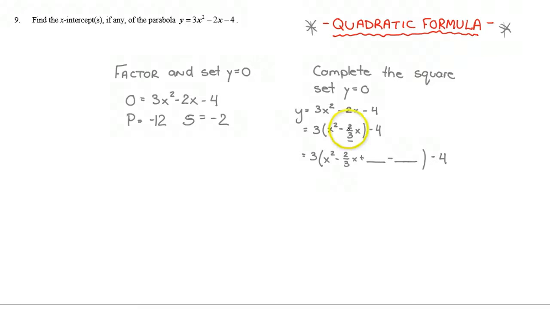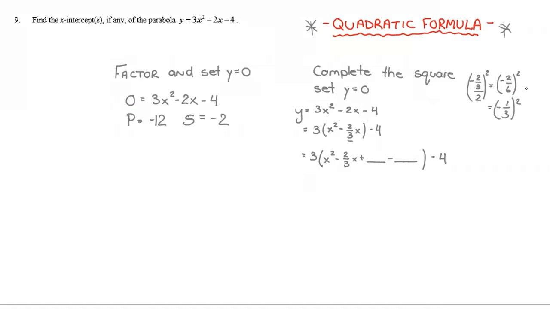We take negative 2 over 3, divide it by 2 and then square it. Negative 2 over 3 over 2 squared is negative 2 over 6 squared, which is negative 1 over 3 squared.